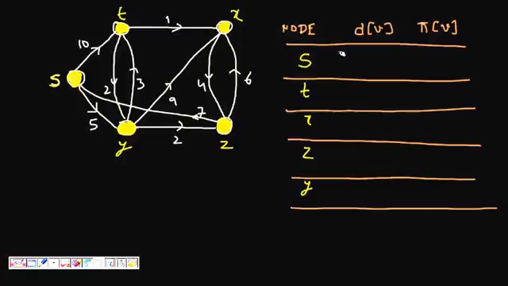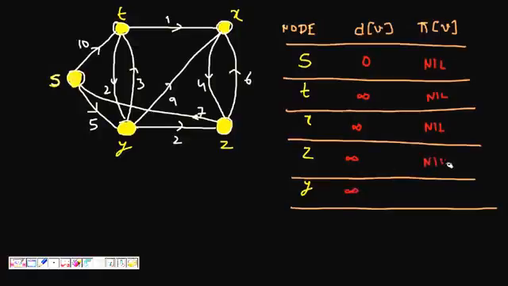With the initialization, dv will become 0 for the source, pi will be nil for all of them, and distance will be infinity for the others.